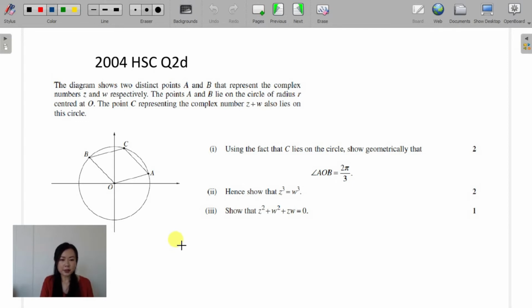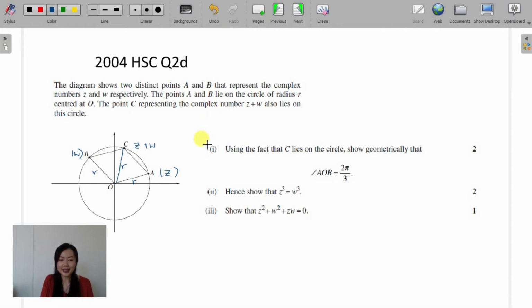This is an older one, 04. The diagram shows 2 distinct points, A and B, which represent the complex numbers Z and W. Let's note that down, Z and W. They lie on a circle with radius R, centered at O. C also sits on the circle, meaning that's also R, and it represents Z plus W. We should already know that even without it being pointed out to us, because that implies that this is a parallelogram.